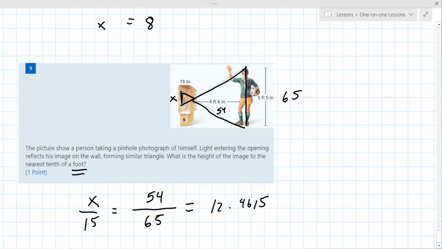To convert that to feet, you want to divide that number by 12. If you keep it in your calculator, you get 1.0 feet when you round to the nearest tenth of a foot. Kind of a strange question. All right.